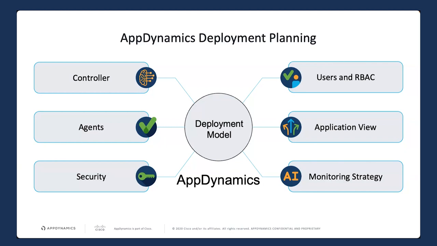We place Java agents within your environment, and those agents then communicate out to the AppDynamics controller. It's not bidirectional communication. It's only one way straight out to the AppDynamics controller. So you will have to get in touch with your security team to get all of that set up.